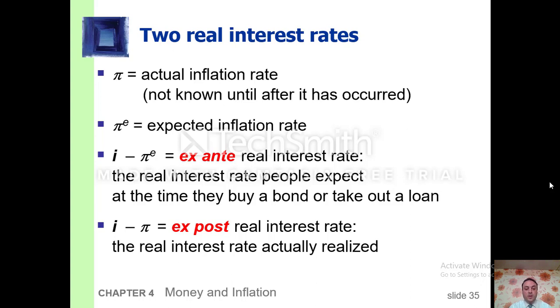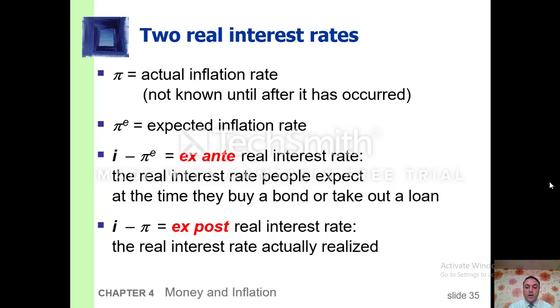It is the nominal interest rate minus the actual inflation rate, and the nominal interest rate minus the expected inflation rate. In the first case, the nominal interest rate minus the expected inflation rate: now we expect what the inflation rate will be. So this is the real interest rate people expect at the time they buy a bond or take out a loan.